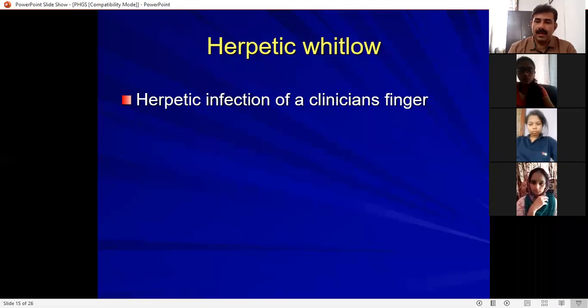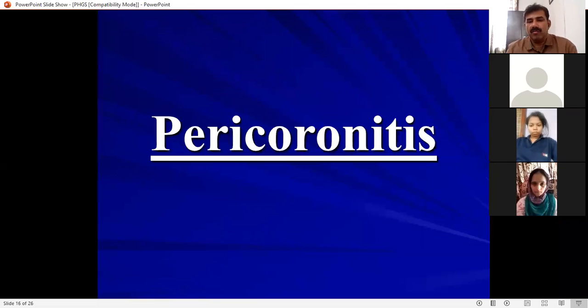Now we'll go to the next part, the last part of acute gingival infections, known as pericoronitis. Pericoronitis is, I think, something some of you probably at the age of about 18 to 20 years would have had. Pericoronitis is nothing but inflammation of the gingiva in relation to a partially erupting tooth.